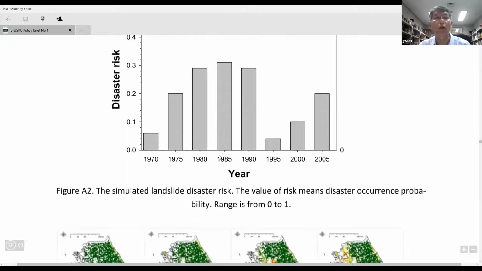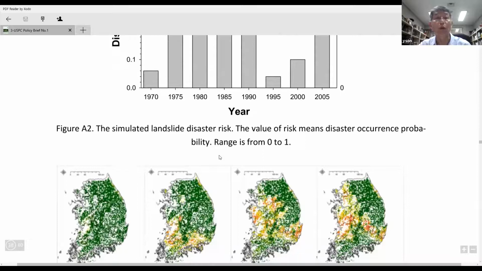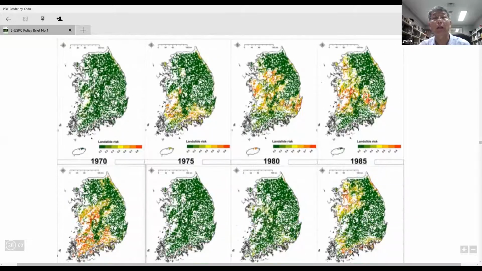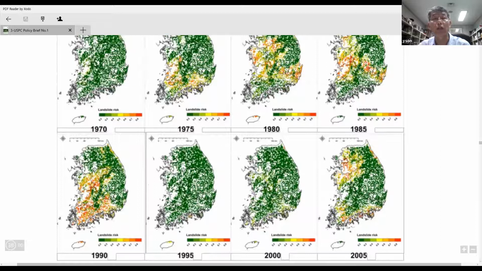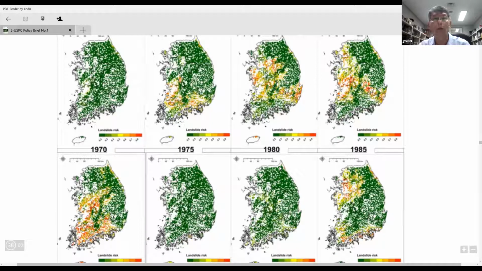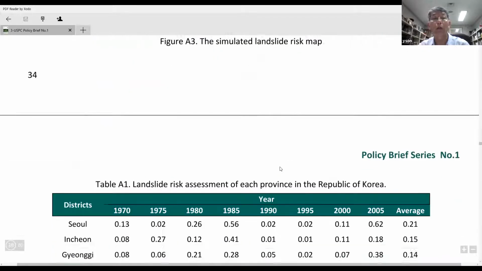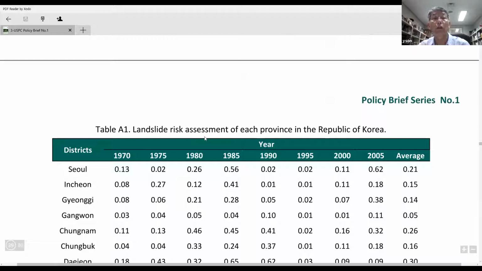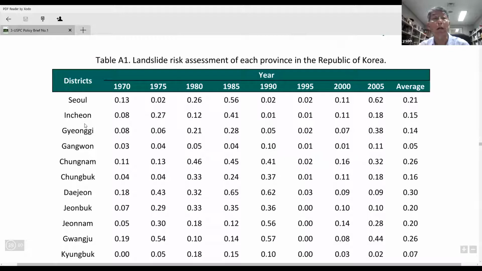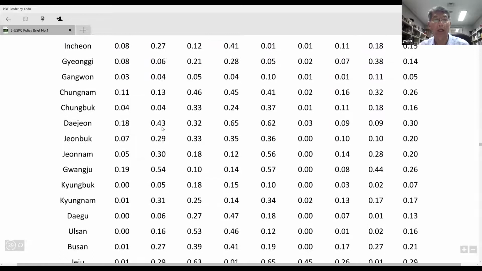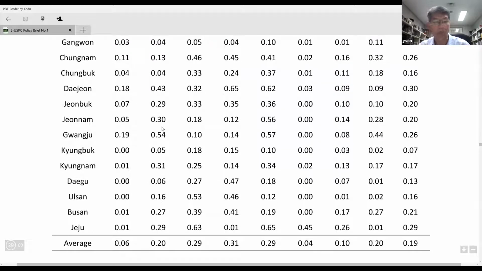This is the result of landslide risk, and especially it is distributed like this, spatial distribution. And then we listed landslide risk assessments by region, by district, as we have spatial data. With spatial data, we assessed landslides by area, by province.